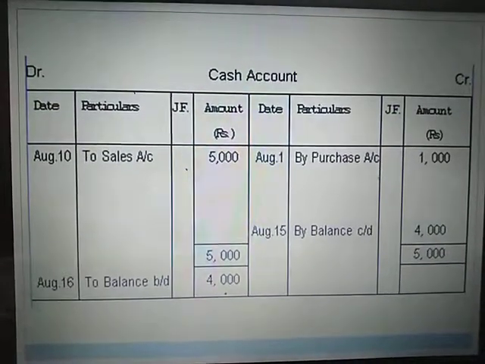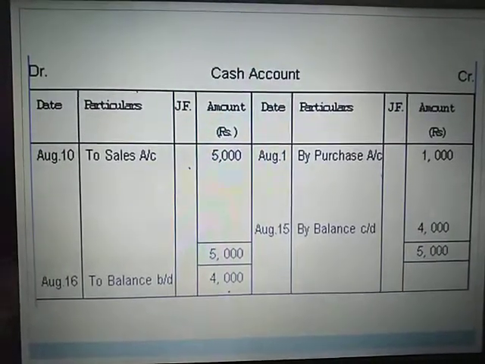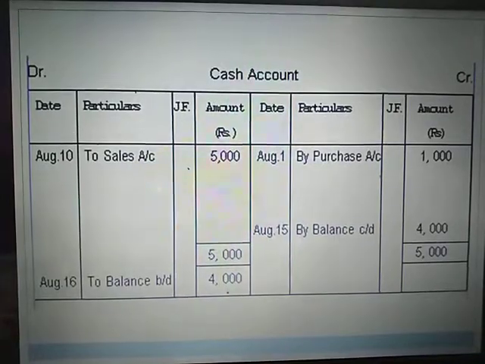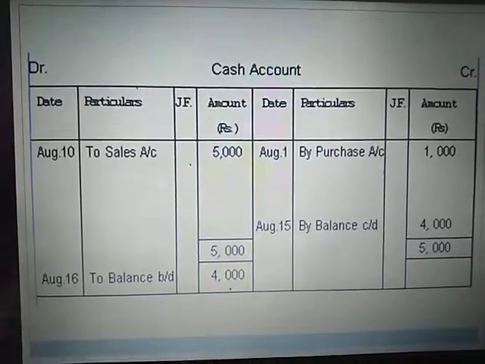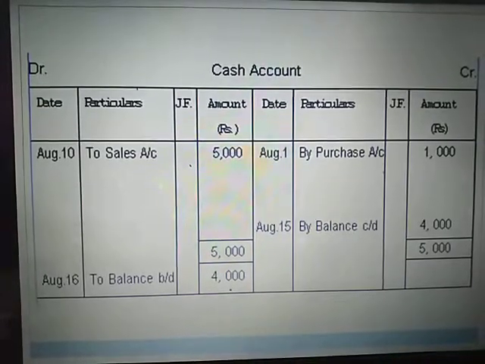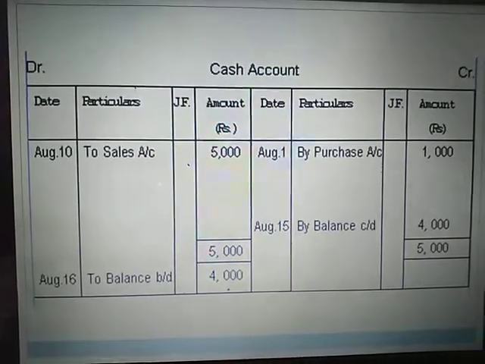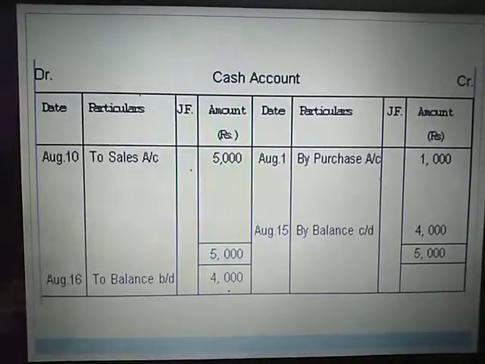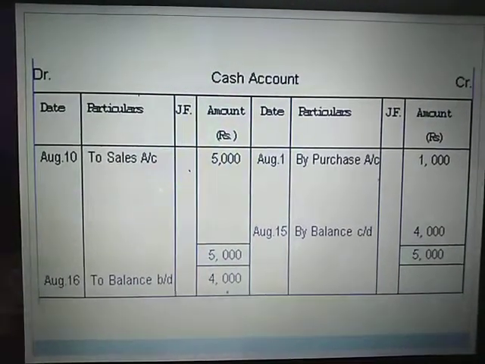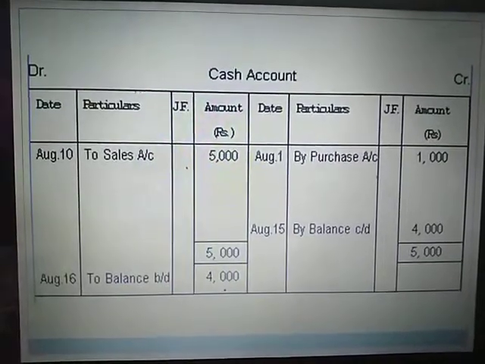And on the next day, that means August 16, on the debit side you see it's written to balance BD rupees 4,000. That means the balance has been brought down, so it is written BD in short form. Okay, so this is the example of a cash account that I have discussed with you, and this is also the format of a ledger account.